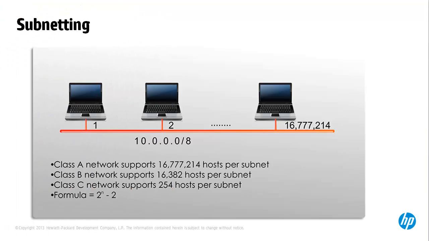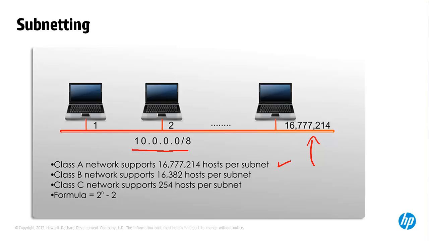Another reason to subnet is that the original classful networks, such as Class A, support a large number of hosts. So if you were allocated a network of 10.0.0.0/8, you would end up having 16 million odd hosts on a single segment. The network is going to grind to a halt because of broadcasts.